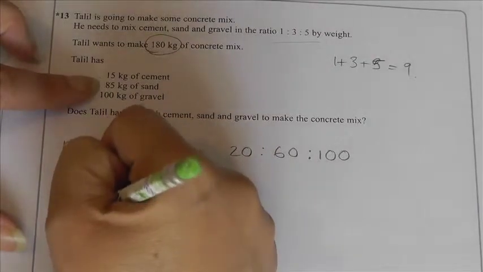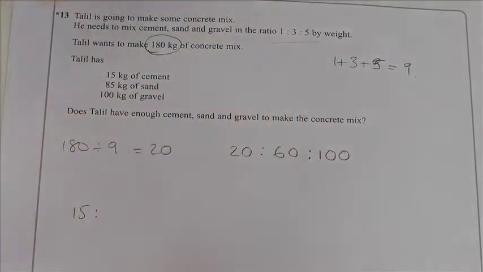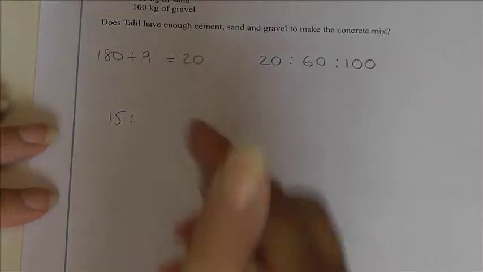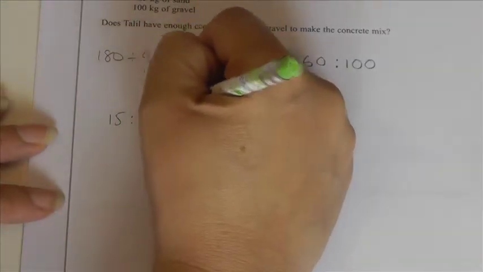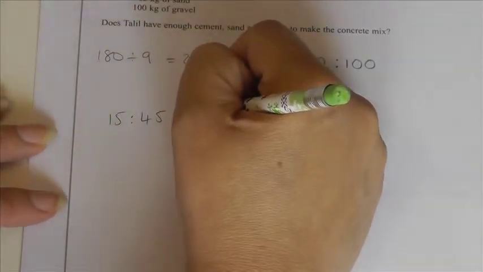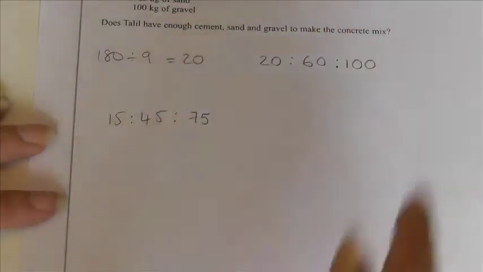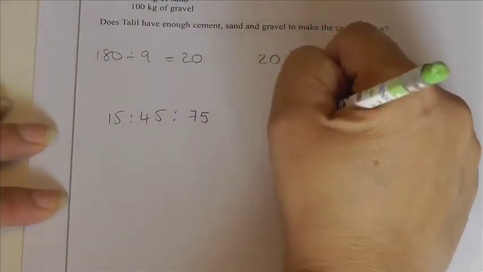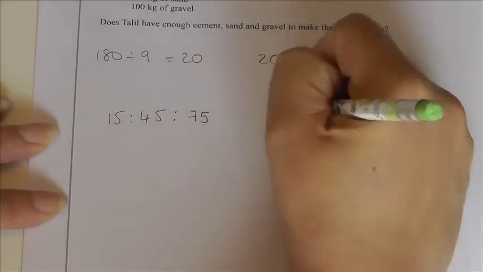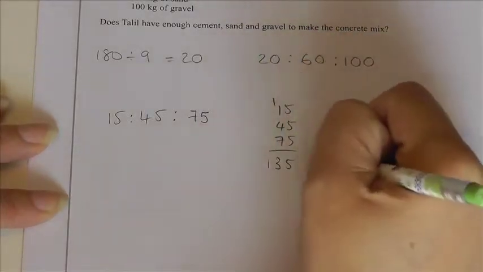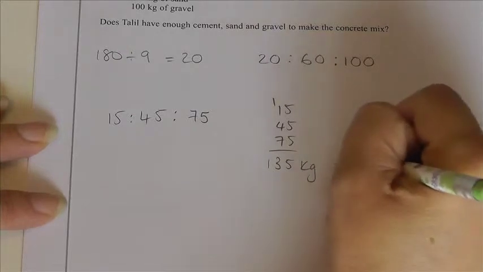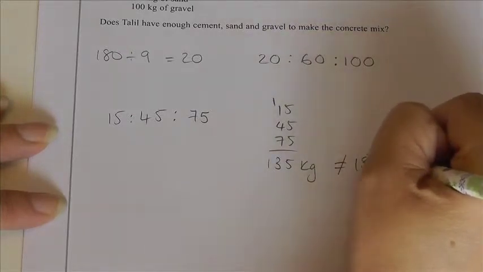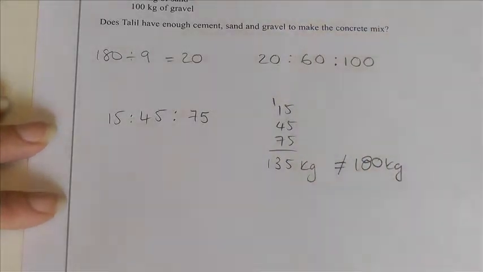So if that was the case, we would have had 15 kilograms of cement, 45 kilograms of sand and 75 kilograms of gravel. If I add up 15, 45 and 75, I actually get 135 kilograms, which is not 180 kilograms, and therefore he doesn't have enough.